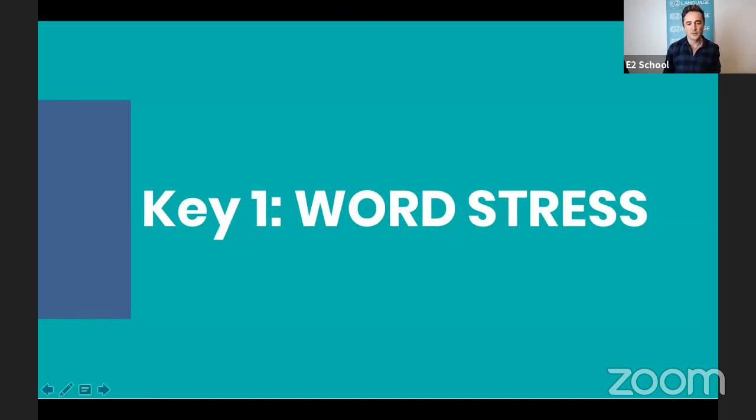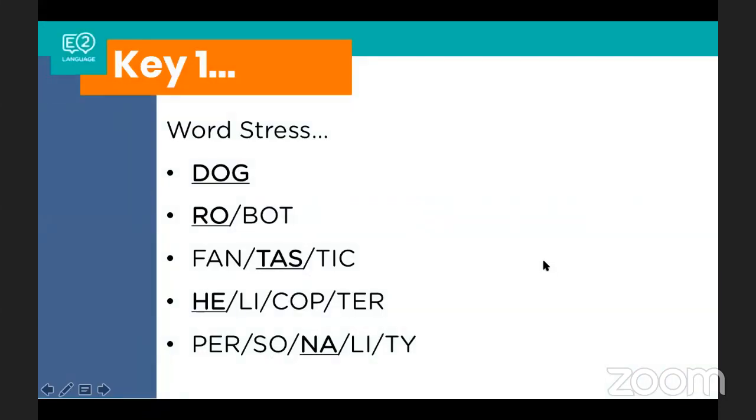So we'll start with word stress because this is sort of pronunciation. For example, if you have a single syllable, remember a syllable is just a unit of sound, dog, the emphasis is just on the whole thing, of course.